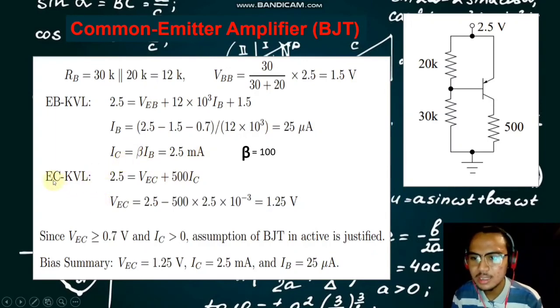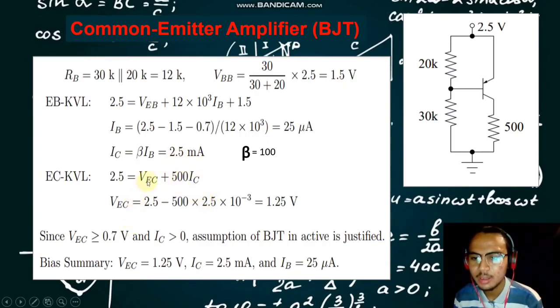For EC KVL, we use the formula. The source 2.5 equals VEC plus 500 IC. We got the IC at the EB KVL 2.5 milliampere, and we put it here.